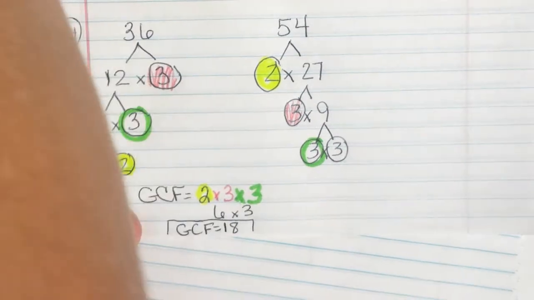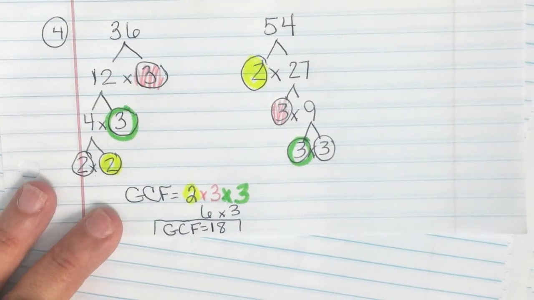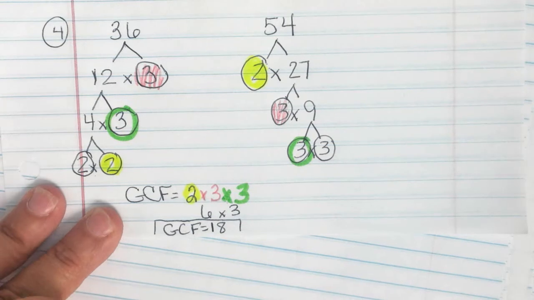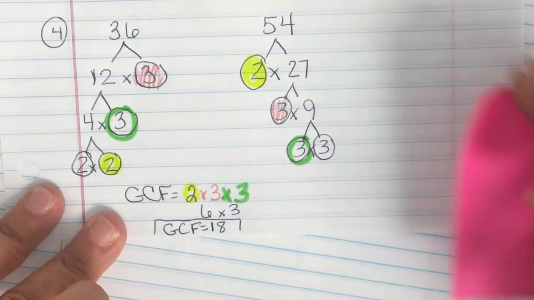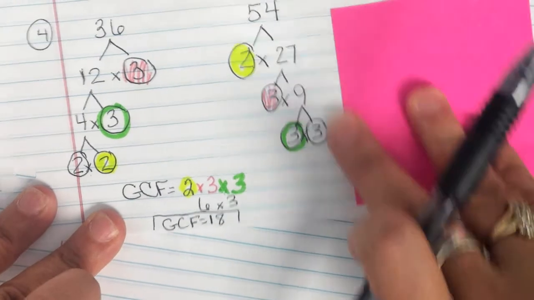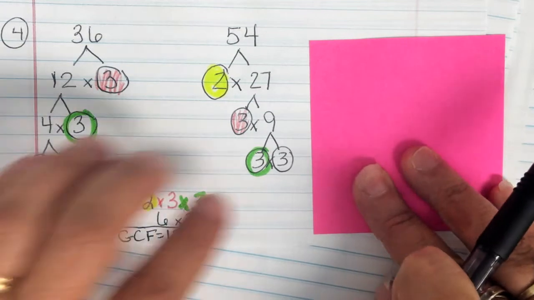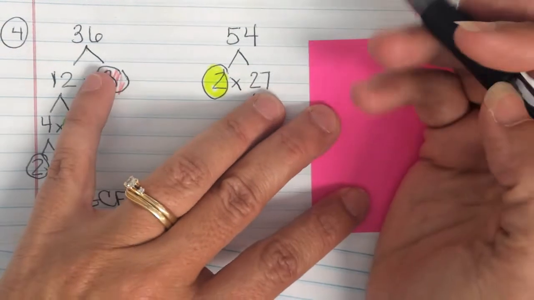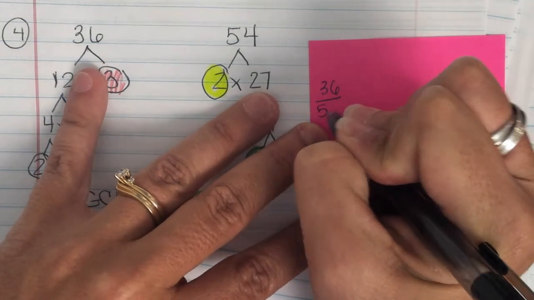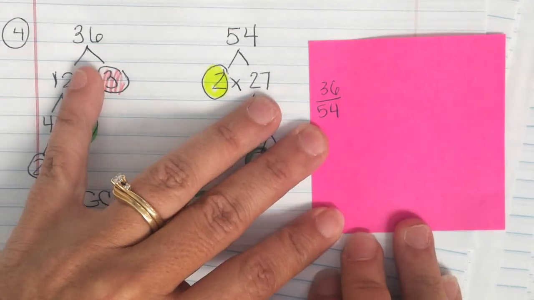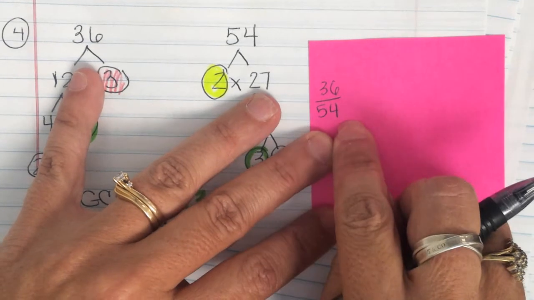The GCF is 18. I want to show you a trick, even though this is why we're learning this. Let me show you something. What if you had the fraction 36 over 54? I'm going to be honest, even lazy Miss Donahue would probably look at this.